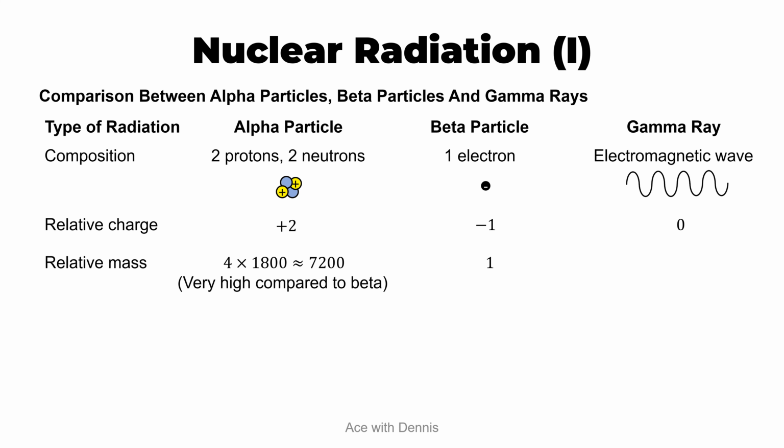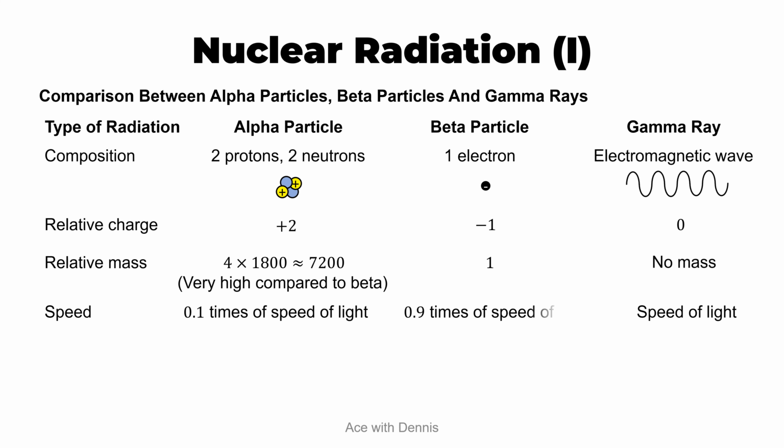For gamma ray, since it has no particle, it has no mass. For the speed, gamma ray can travel at the speed of light, while alpha particle can travel 0.1 times the speed of light as it has high relative mass. On the other hand, beta particle has 0.9 times the speed of light.